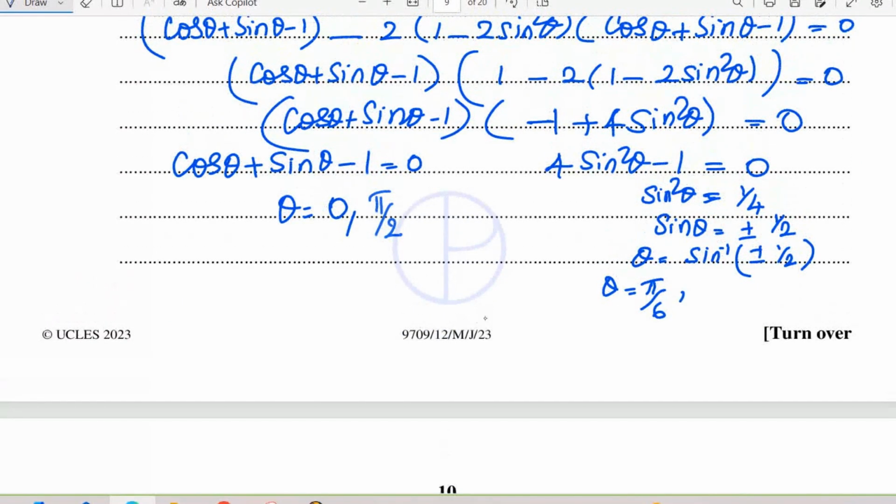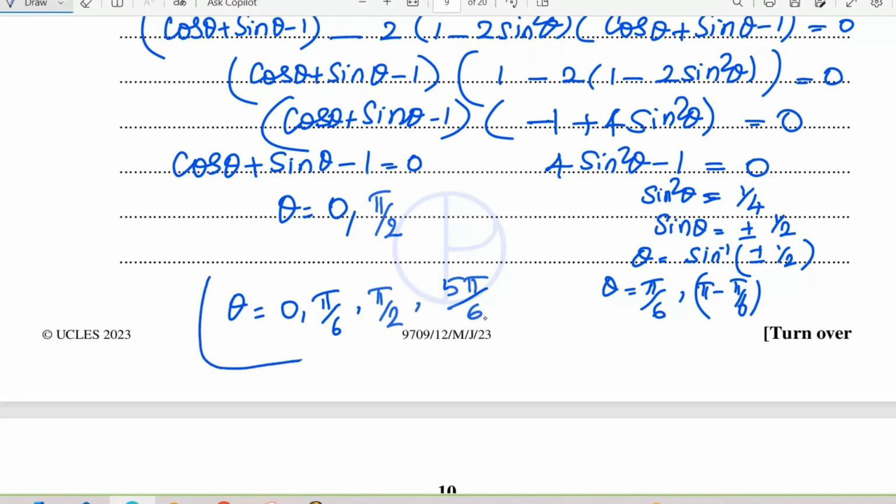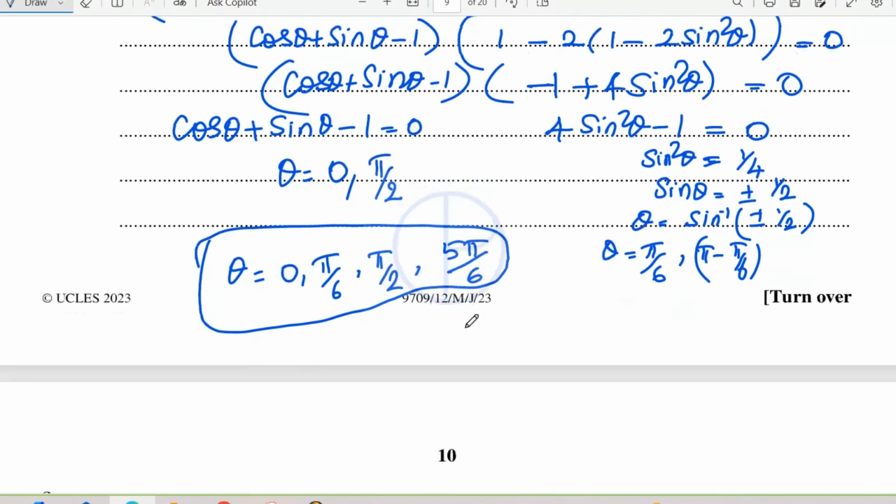And the next value is pi minus pi over 6, so that is 5 pi over 6. So theta is equal to 0, pi over 6, pi over 2, 5 pi over 6. These are the solutions.